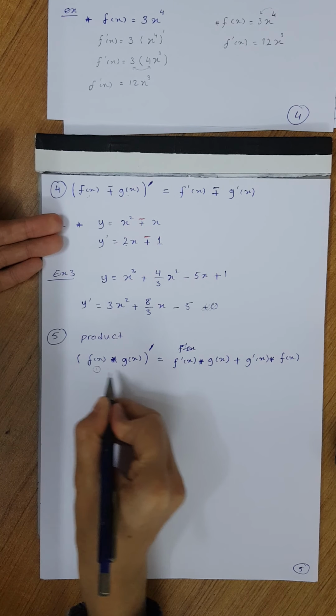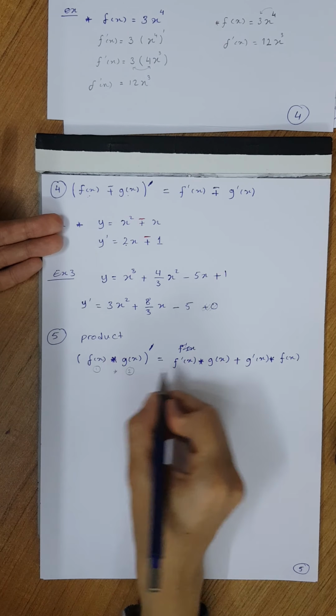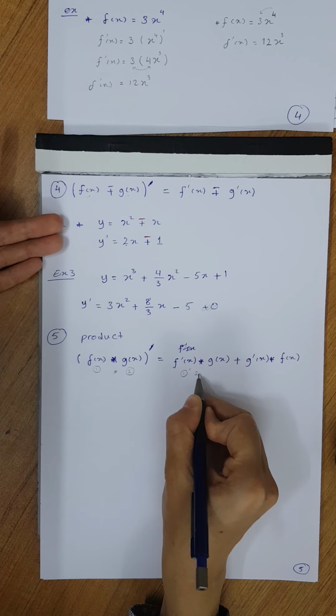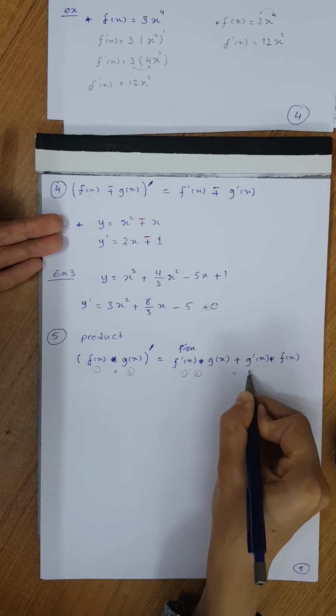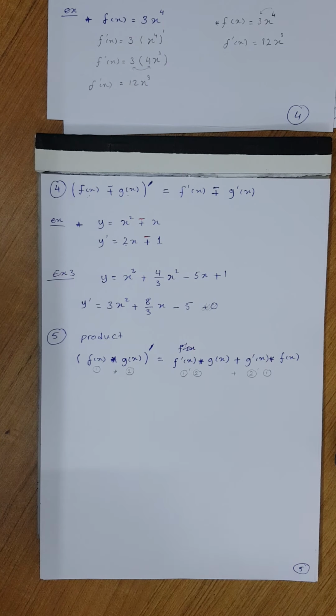That was one function multiplied to the second function, okay? We were saying first one's derivative multiplied with the second one, okay? Plus second function's derivative multiplied to the first one. Okay, let's give an example about that.